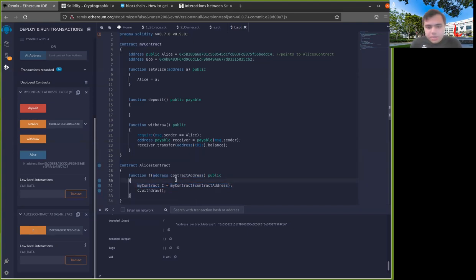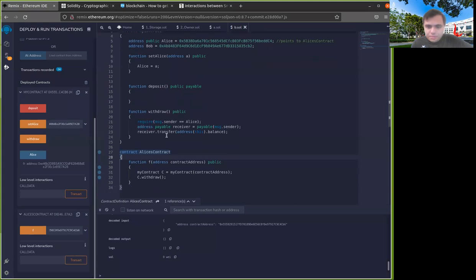But here's what I wanted to tell you. So suppose that I can fix this and I don't know what's wrong right now, but let's say that I fix this and then basically this contract can serve as the Alice in this other contract. So then the only way to call this withdraw function is through this second contract, because now the second contract is basically Alice.